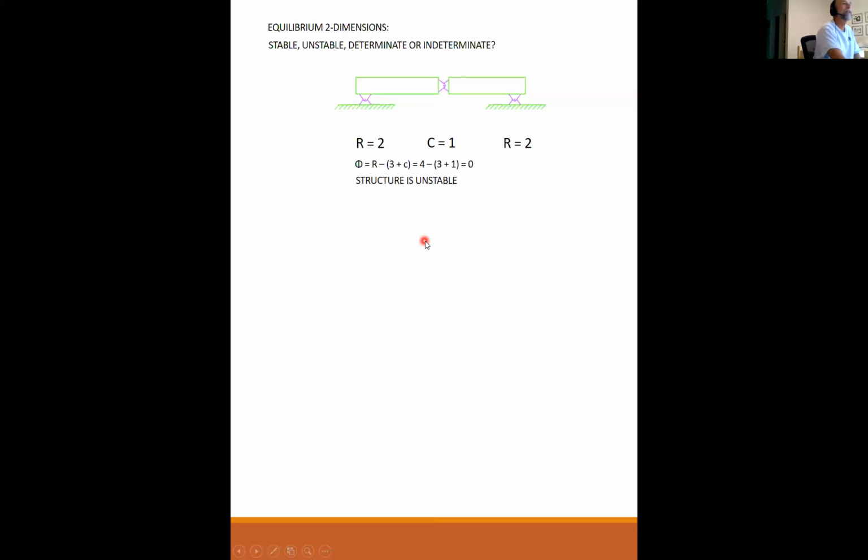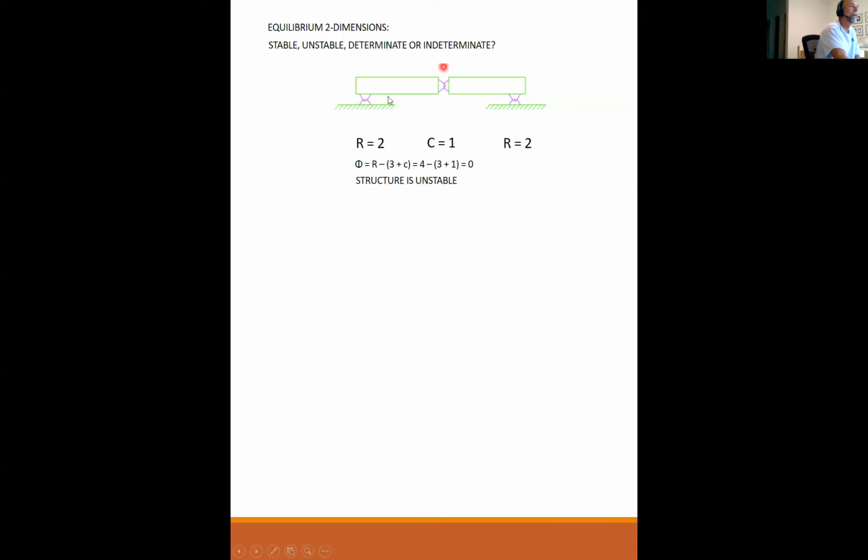And the reason why it is unstable is that these two and these two are not independent. That's the problem. The vertical components of these are independent, but the horizontal components of these pins are collinear. They're both in the same plane.